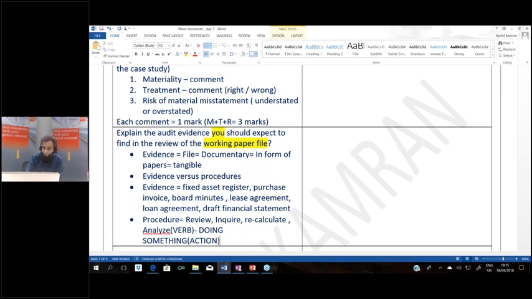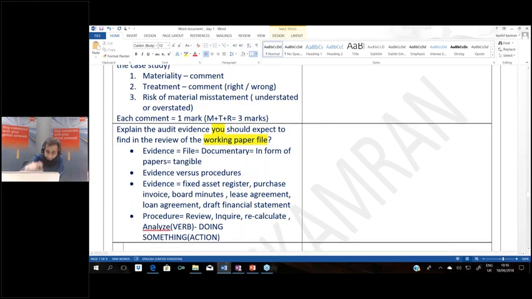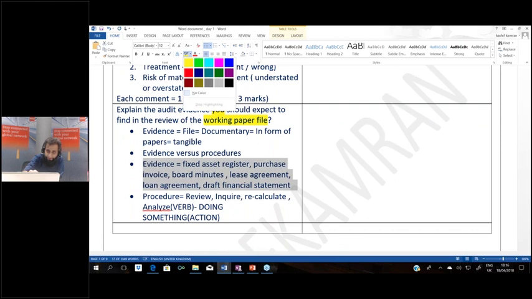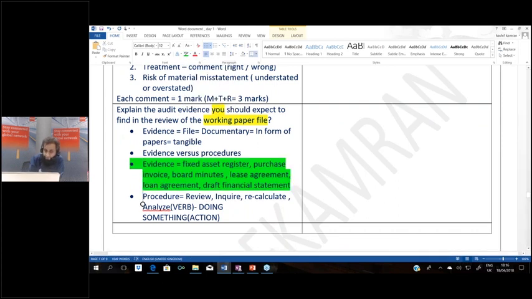Now, remember one thing: when the examiner asks you the evidence you should expect to find in the file, your emphasis is on what? Your emphasis is on evidence. Your emphasis is not on a procedure, right? So if you start writing procedures, what will happen? You have taken the wrong track. Rather than writing the evidence, you're writing a procedure.